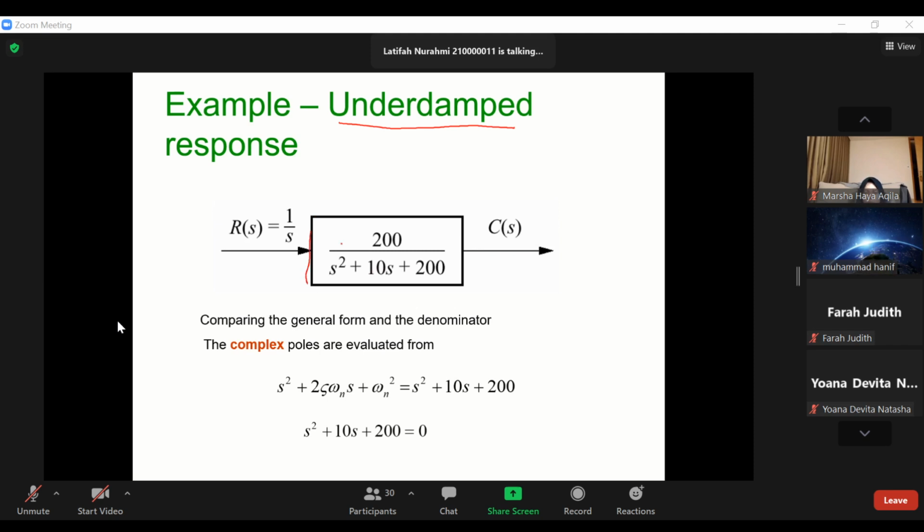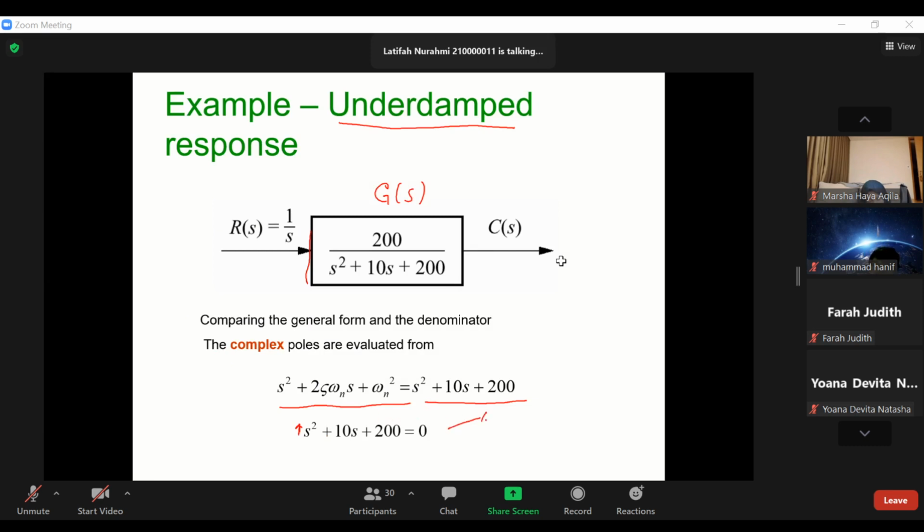We have this transfer function here. If we write it down as s square plus 2 zeta omega n, s square already has 1 as the coefficient, so we don't bother to make it 1. From here it's quite simple. What is zeta and what is omega n?